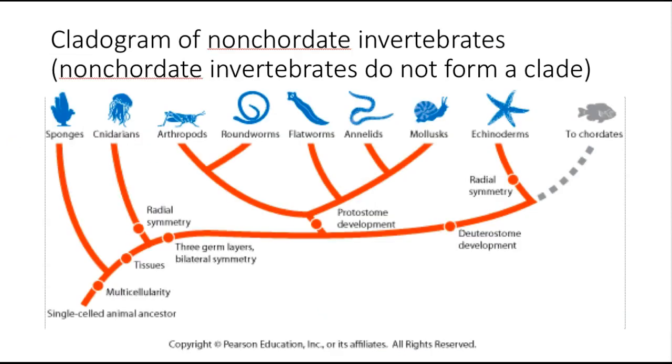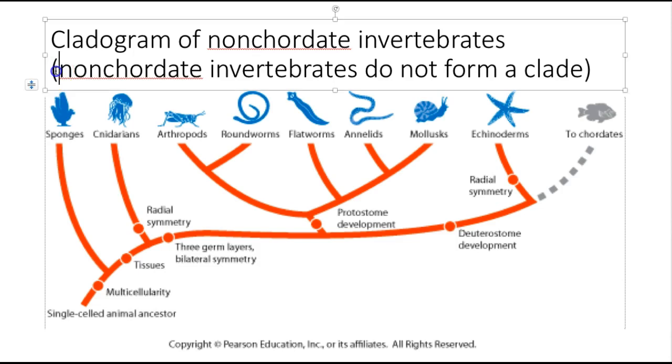So here we have a cladogram of non-chordate invertebrates. They are invertebrates, first off, so they don't have a backbone, and they're non-chordate, so they don't have the notochord, they don't have a nerve cord, that kind of thing. So this says non-chordate invertebrates do not form a clade.